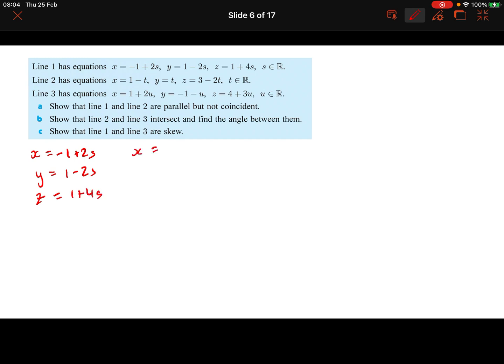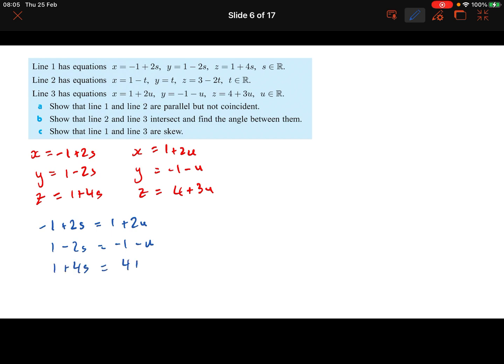For line 3, x equals 1 plus 2u, y equals -1 minus u, z equals 4 plus 3u. So let's equate them. -1 plus 2s equals 1 plus 2u. 1 minus 2s equals -1 minus u. And 1 plus 4s equals 4 plus 3u. So we've got equations 1, 2 and 3.